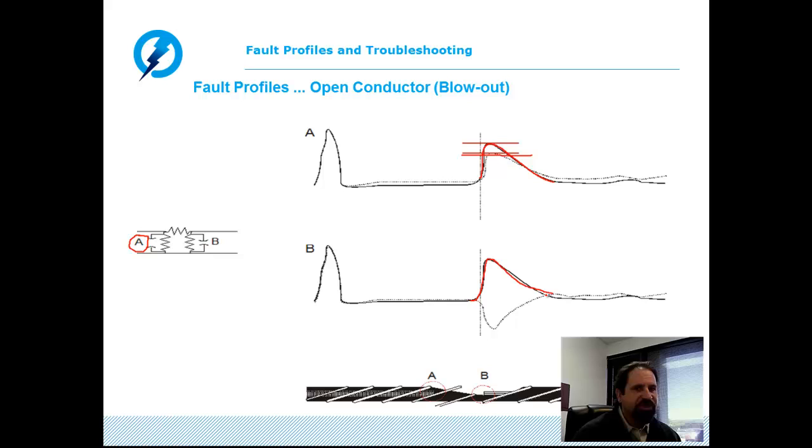We run the arc reflection test, we send a breakdown surge, capture the pattern when the impedance of the cable goes to 0, and we get a nice strong negative reflection. That is giving us an indication that now we're getting a good breakdown. Chances are the audible sound of the fault is going to be much louder, and that pinpointing process is going to be a lot easier.